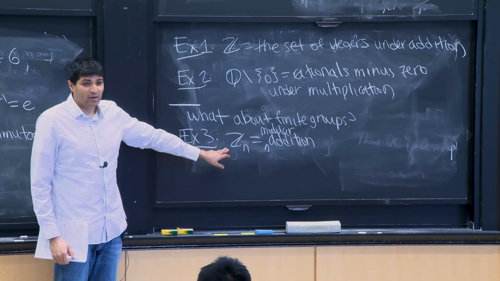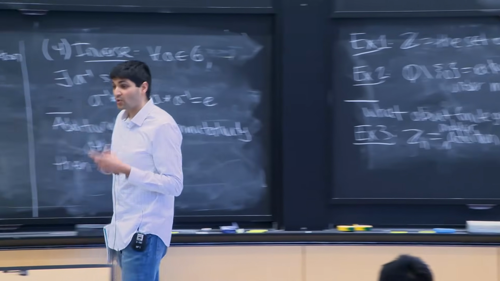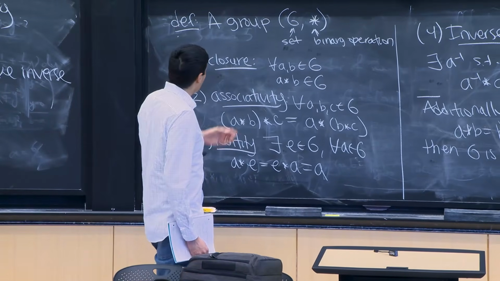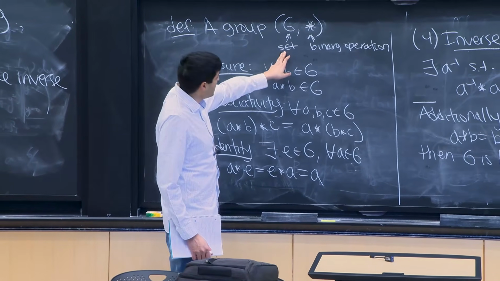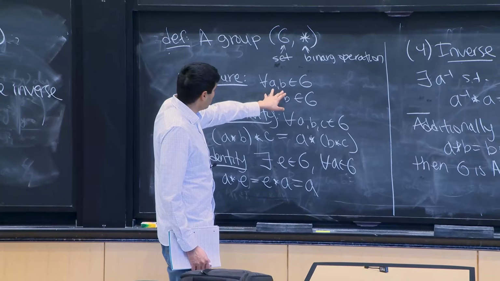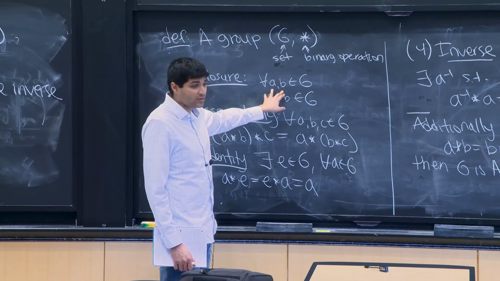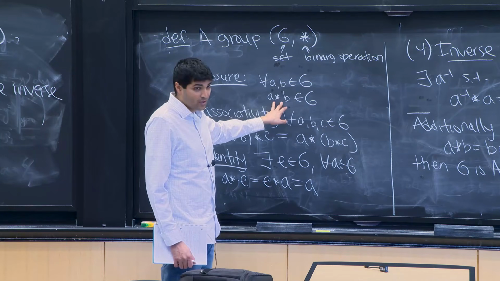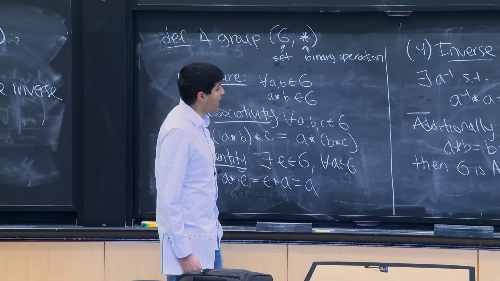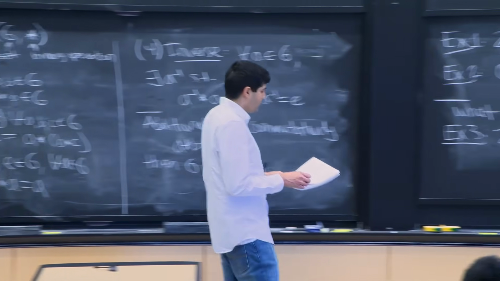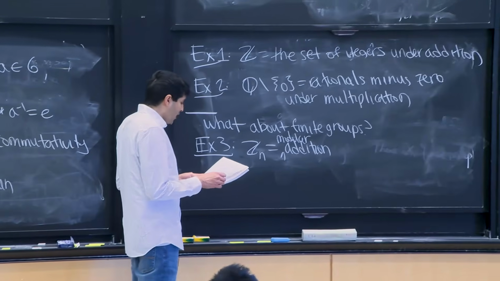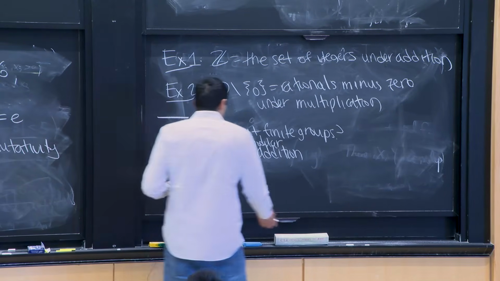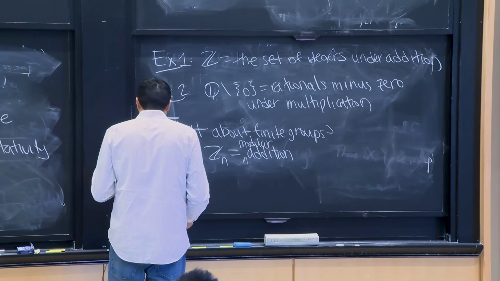So for example, when n equals 2, this is just two elements. We're looking at evens and odds. And for that finite group, just the set of evens and odds, you can check that when you add up two elements, it makes sense. An even plus an even takes you back to even, an odd plus an odd takes you to even, and an even plus an odd takes you to odd, right? So in fact, we've already seen examples of finite groups in action, that's what we did last time, right? But let me give you a more interesting example which is going to show up.